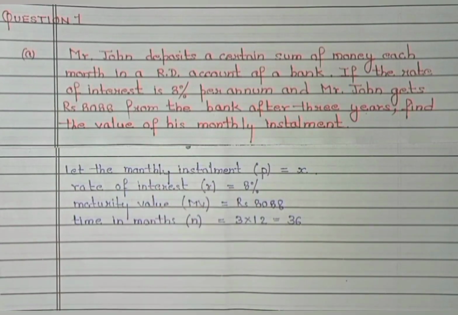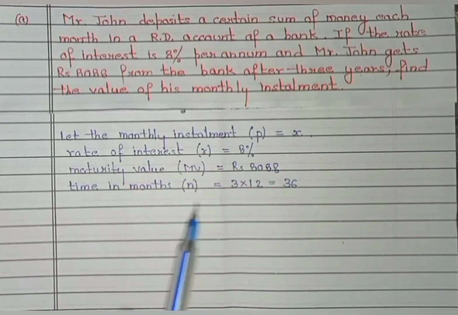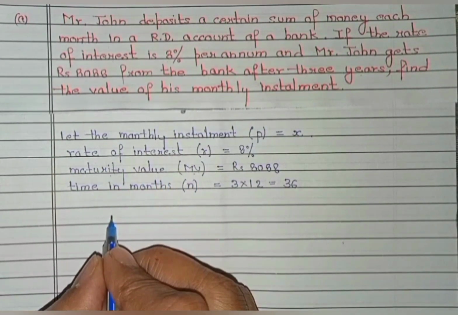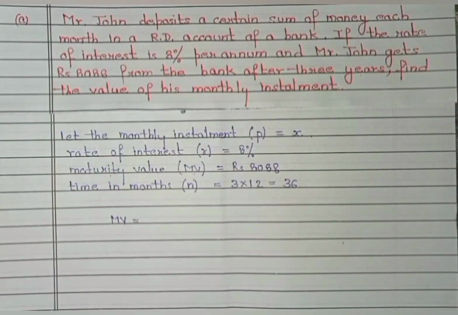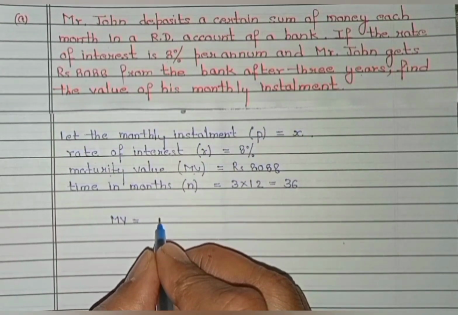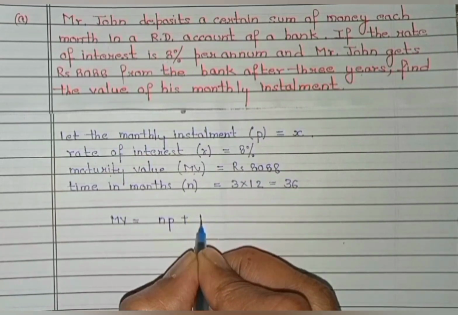So this is the information which is known to us, and now using this information we have to find the monthly installment. First of all, as you can see, maturity value is known to us, so we will write the basic formula for maturity value. The basic formula for maturity value is n P plus interest.